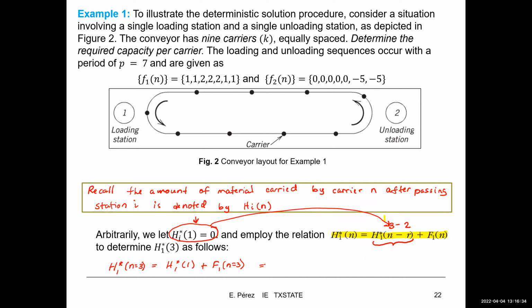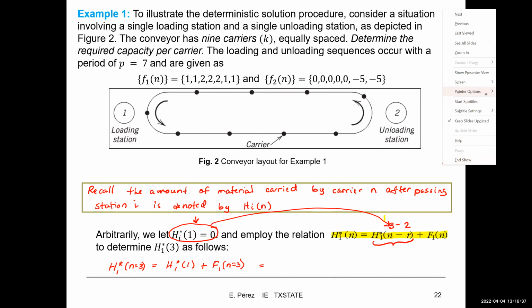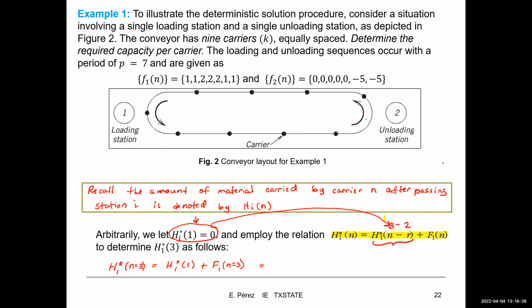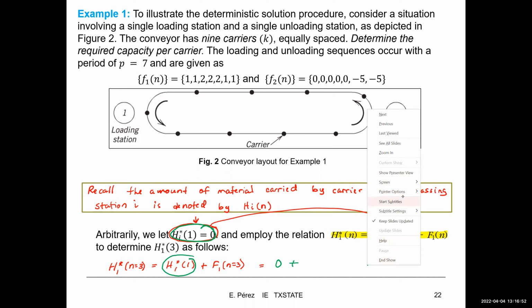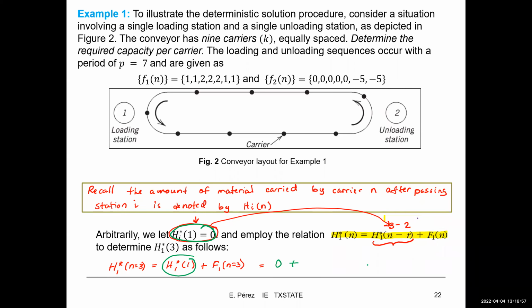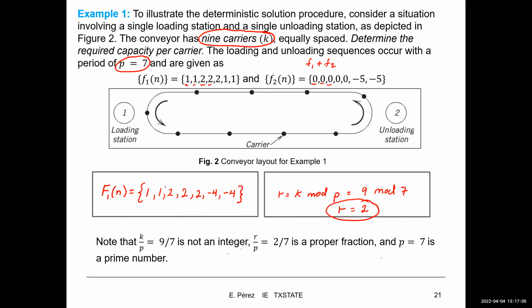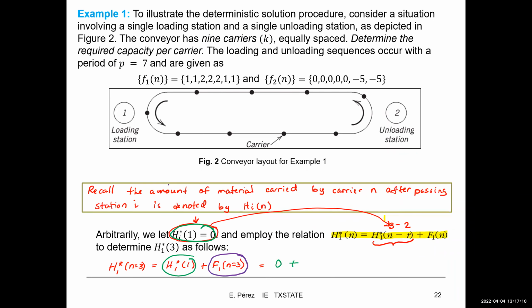So, let me use a different color here. So H1 is this number. So this is 0 plus this value, which is going to come from here, which is F1 of 3.